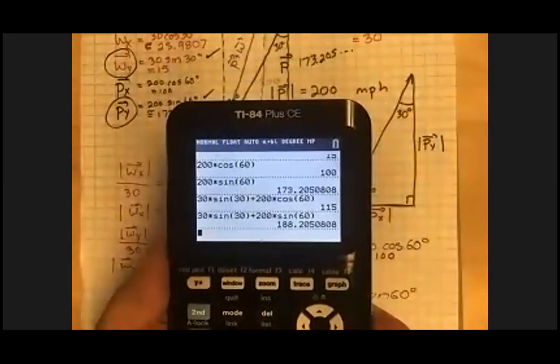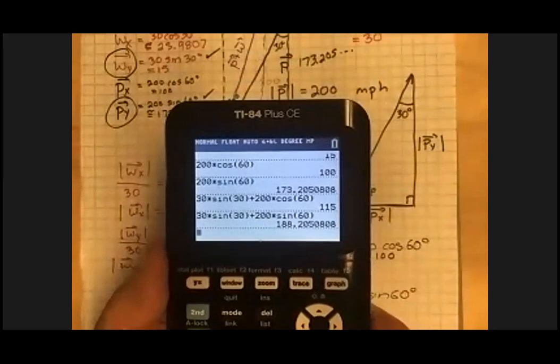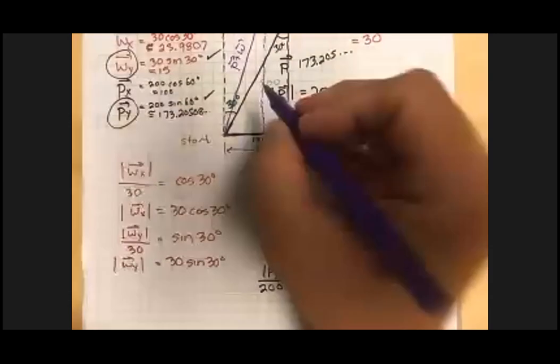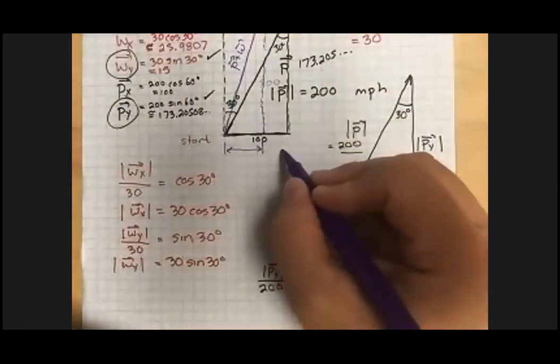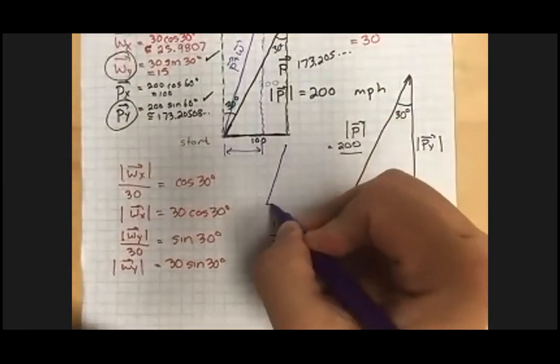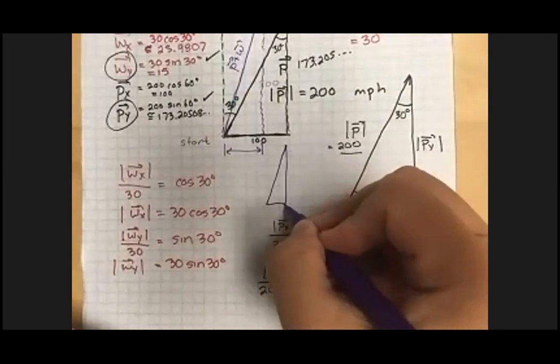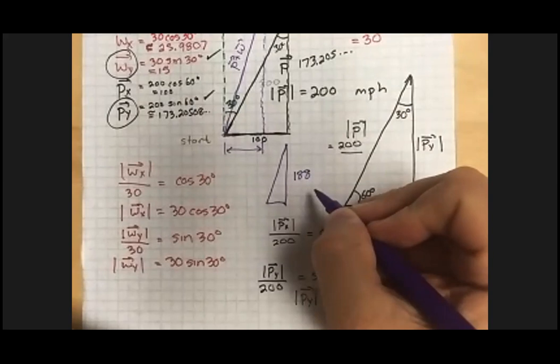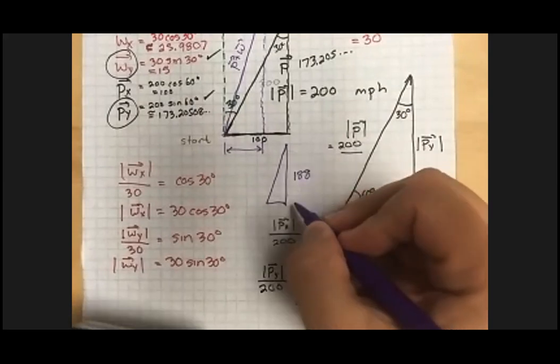Now let's try it. 188.205 stuff. But I'm going to say that this triangle here, I'm going to draw it small right here. 3 significant digits, 188. That's the vertical component of the speed.